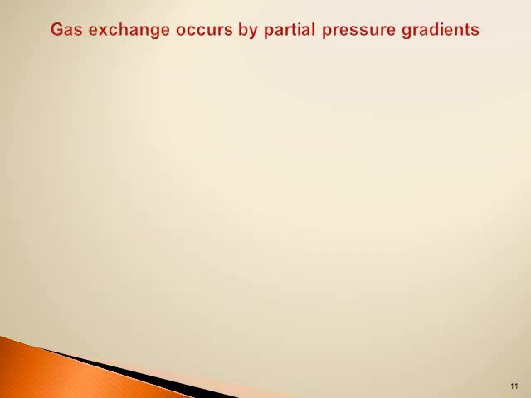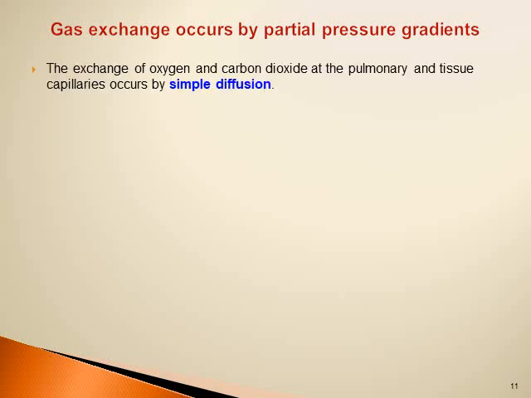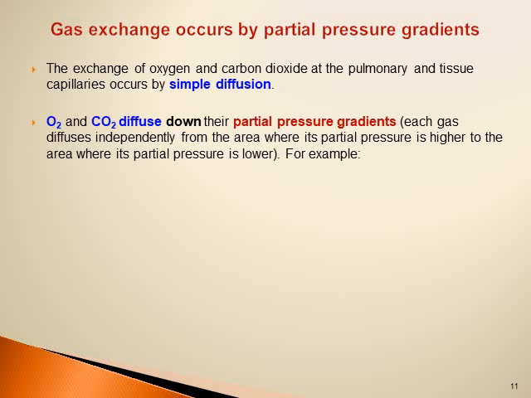So as I said, gas exchange occurs via partial pressure gradients. The higher the gradient, the higher the gas exchange. The exchange of oxygen and carbon dioxide at the pulmonary and tissue capillaries occurs by simple diffusion. Oxygen and carbon dioxide are small molecules, so they can cross the phospholipid bilayer of the cell. Oxygen and carbon dioxide diffuse down their partial pressure gradients.